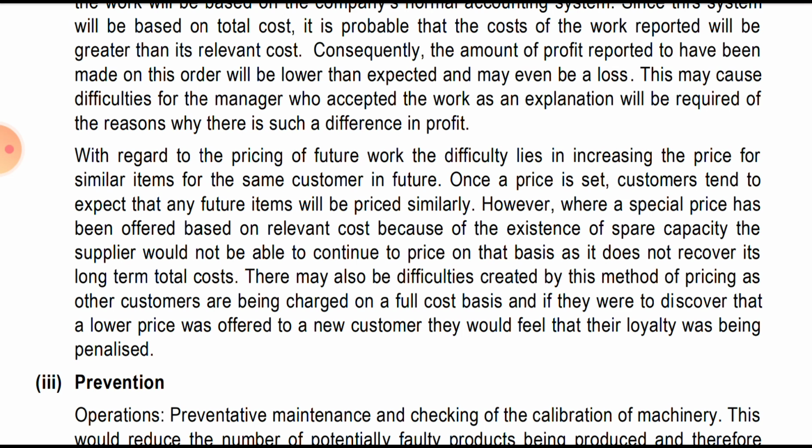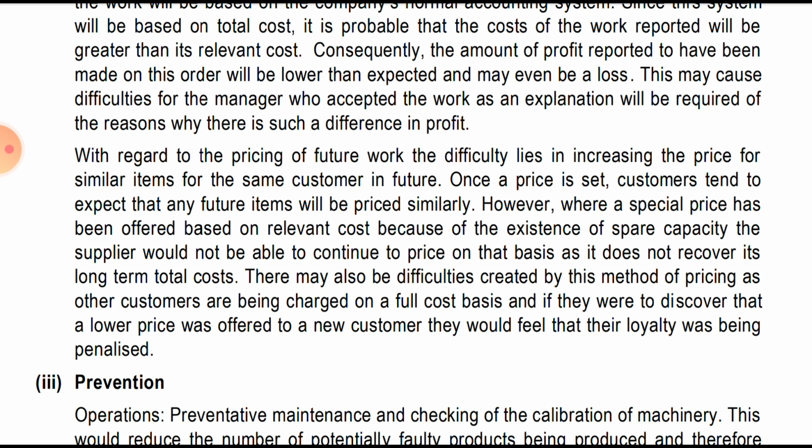However, where a special price has been offered based on the relevant cost because of the existence of spare capacity, the supplier would not be able to continue to price on that basis as it does not recover its long-term cost. So if on some order the supplier had given some discount based on the benefit which they would have derived, on the next order they can't.